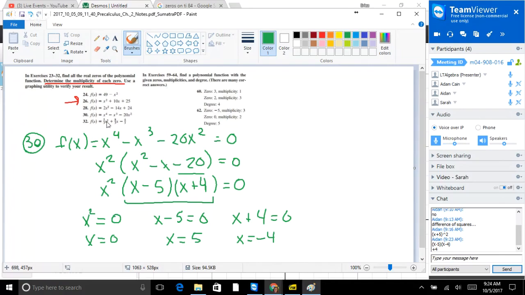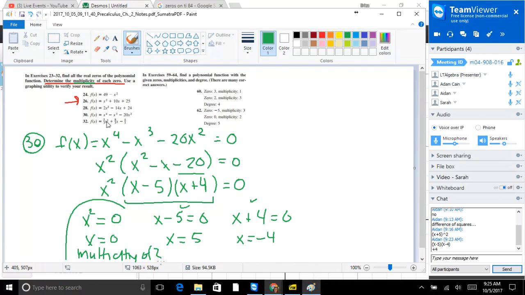Almost done. Do we have any 0 that has a multiplicity? So this one does not. This one does not. But this guy right here has a multiplicity of 2.